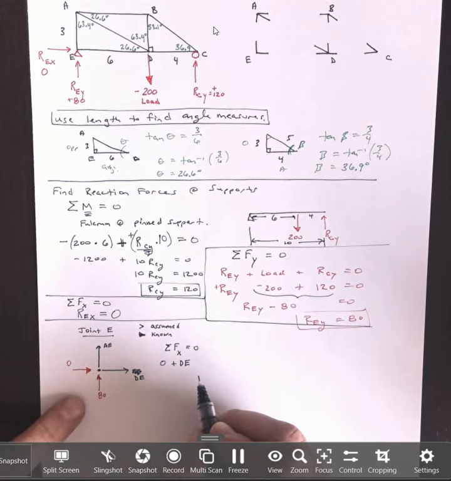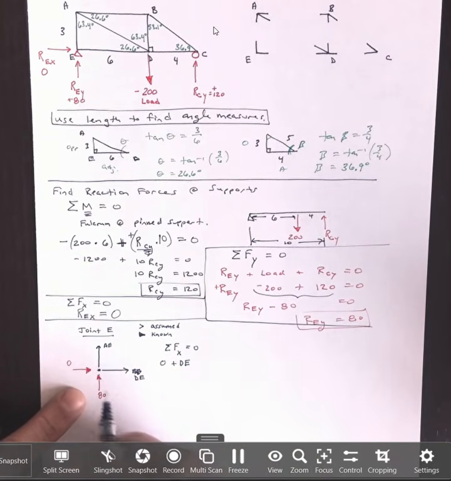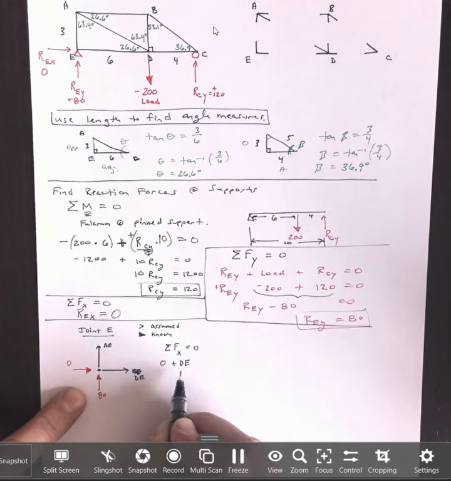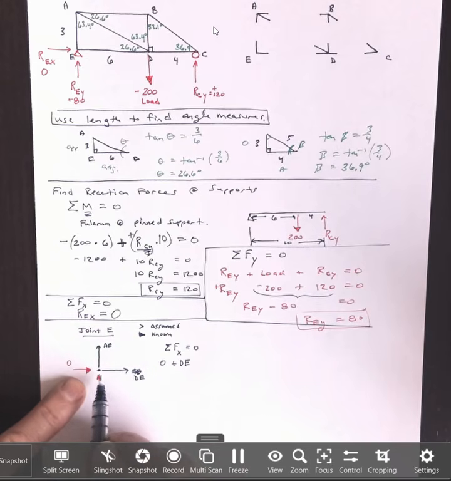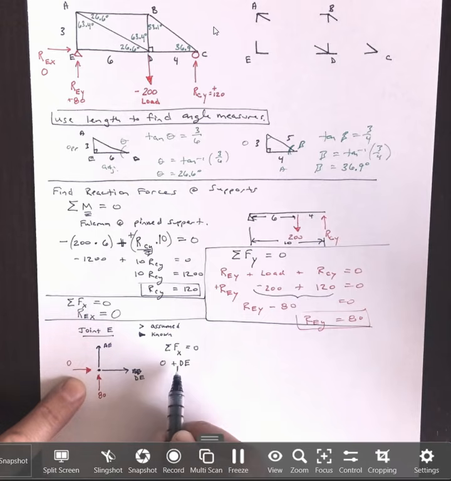Now we have to keep the signs of these, even though we don't know and they're assumed. We have to keep the sign of this consistent with the direction we drew the arrow. So right is a positive direction, up is a positive direction. So in both of these cases, we're going to leave this as a positive. But down and left are negative, we would have put a negative into the equation.